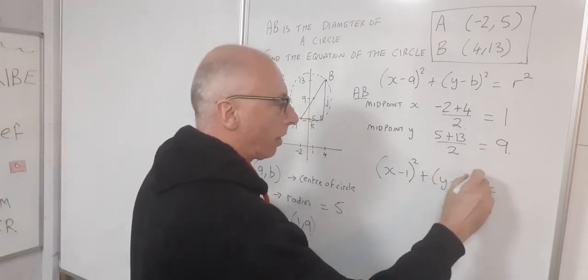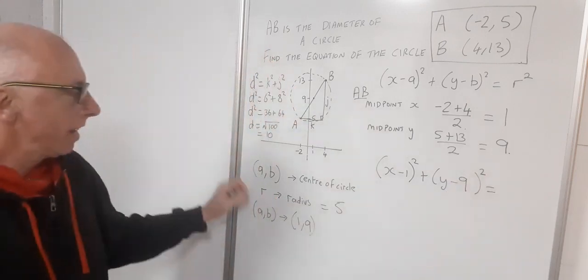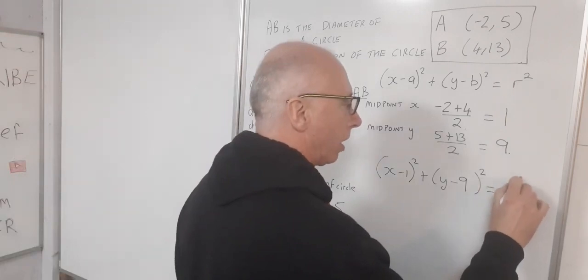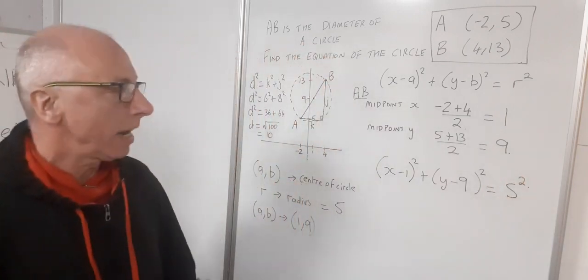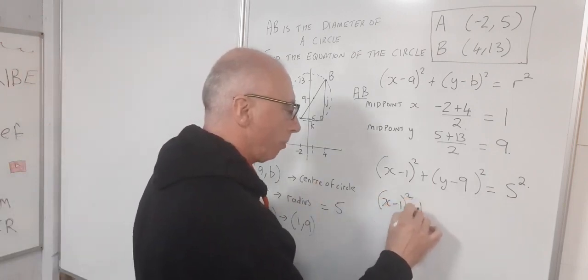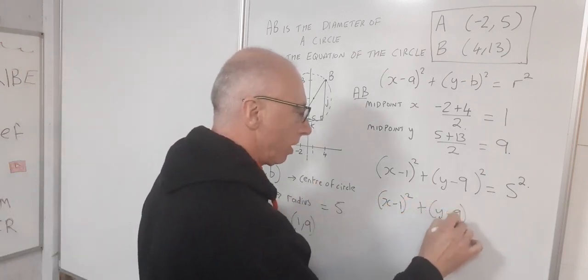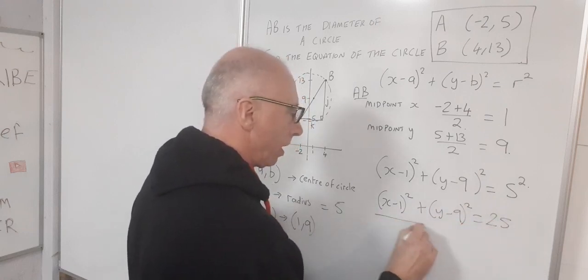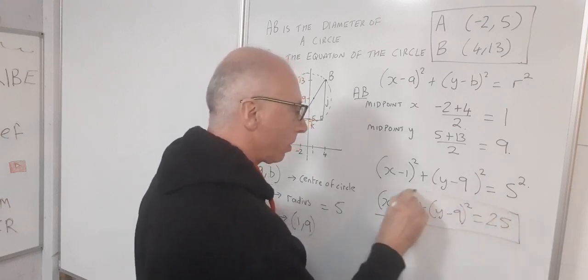So the square goes on the outside of the bracket, and then that equals my radius, which is 5 squared. Okay, now just to simplify this for the final answer, x minus 1 squared plus y minus 9 squared equals 25. And that'd be a good place for us to stop.